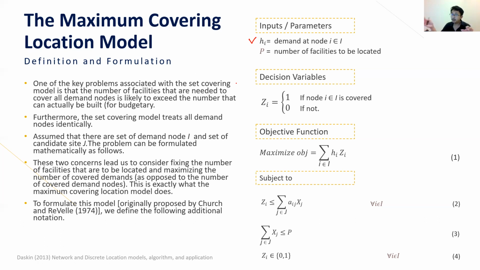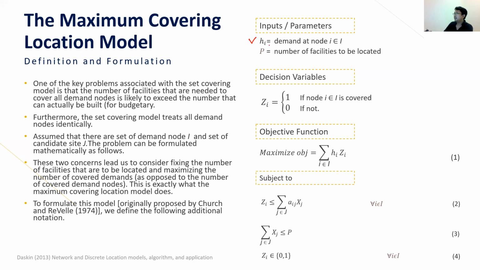So if you face a condition where you cannot serve all the demand, of course you will prioritize the demand that has more customers or more weight or more priority instead of the other one. Okay, that kind of problem is addressed here.